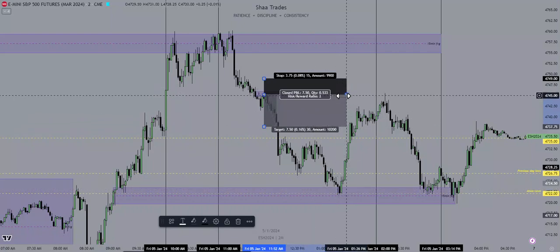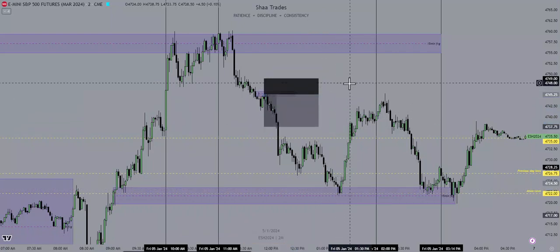So that's something I'm going to show how I will do. I will trade two contracts and then get a 1-to-1 or 1-to-2, or get a 1-to-2 and then move my stop to break even or better, and then target a long-term draw on liquidity, like a runner, right?